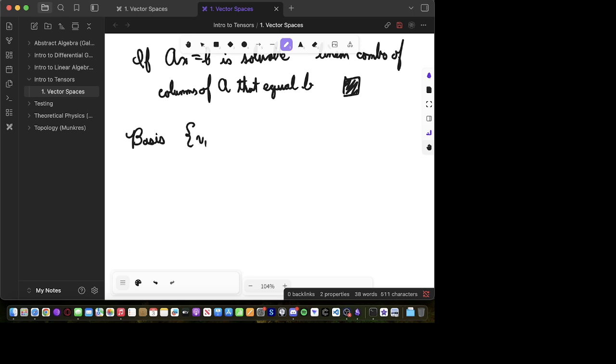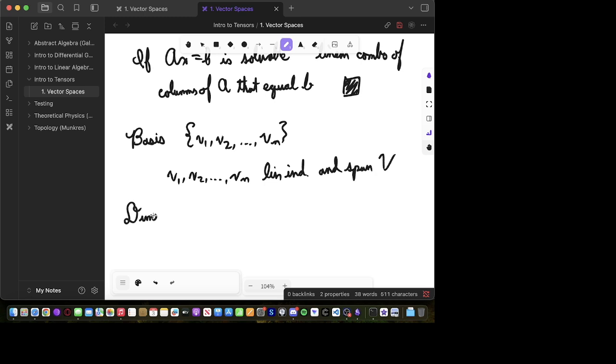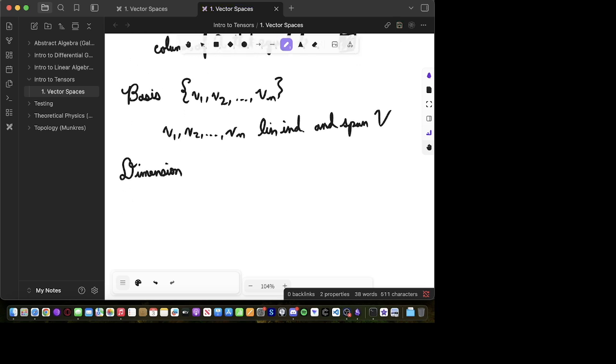The set v1, v2 to vn form a basis if these vectors are linearly independent and they span V. An associated concept regarding the basis is the dimension, which is the number of vectors in a basis.